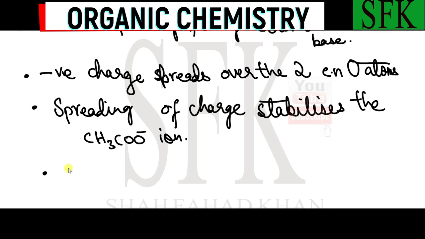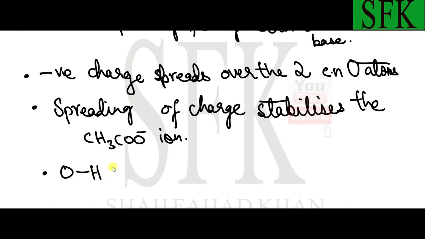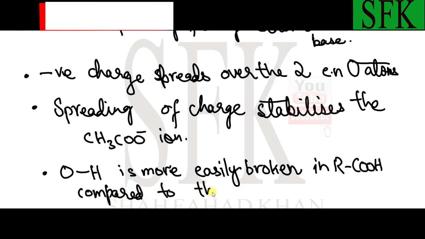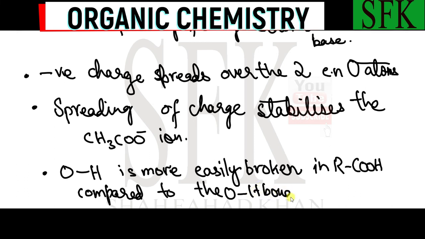Or you can also write it as an additional valid point that the oxygen-hydrogen bond in the ethanoic acid is more easily broken in the carboxylic acid as compared to the OH bond in the phenol and alcohol.